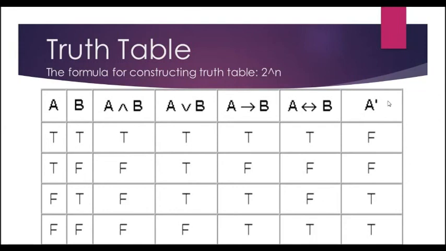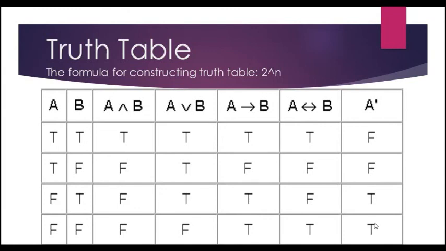And last column, we have the negation of statement A. So if we're going to negate your statement A, we're going to have the first column. We're going to negate that, sabi po niya, it is the opposite of the truth value. So the opposite ng true is false, opposite ng true is false, opposite ng false is true, opposite ng false is true.